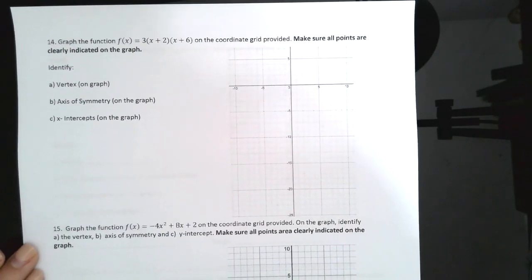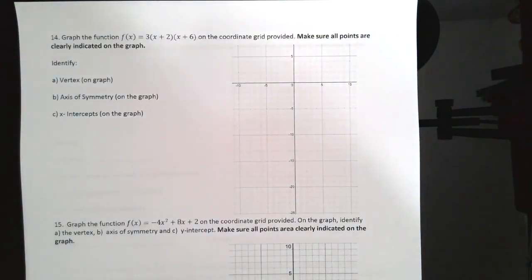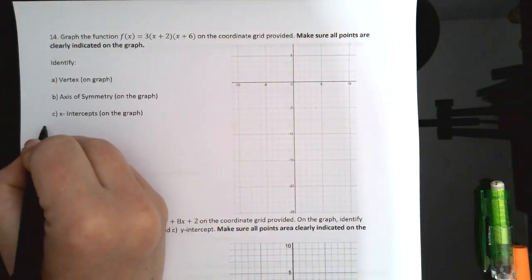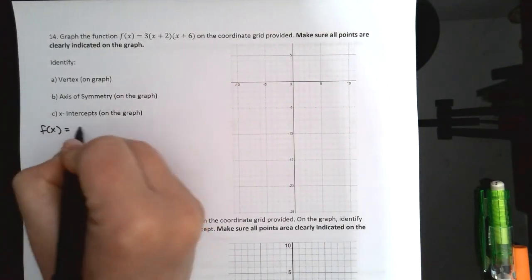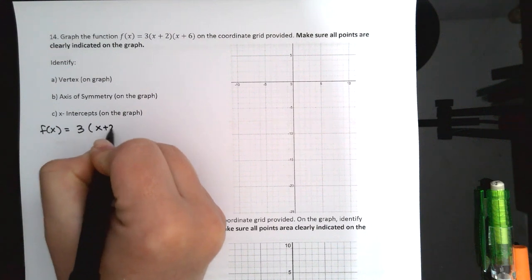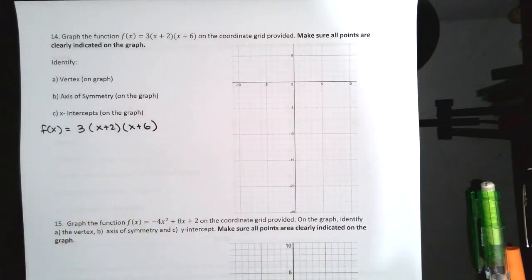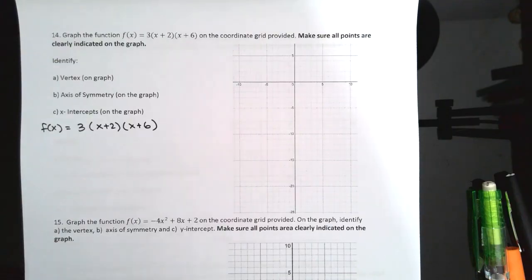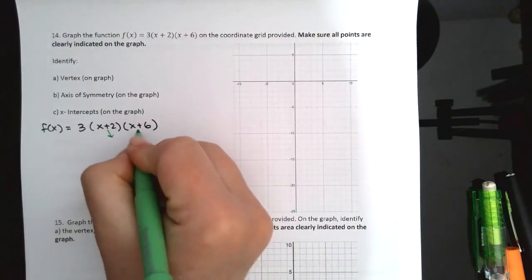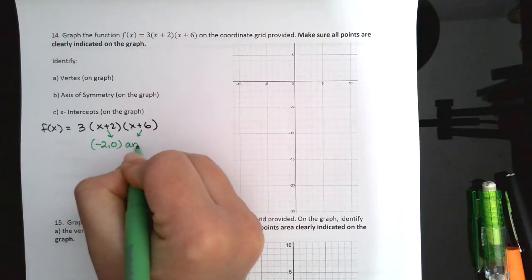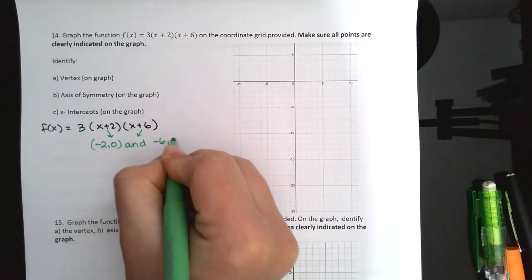Question number 14. Again, intercept form. Let's go ahead and do this exactly the same way as we did before. Starting out with our intercepts, again, opposite of what we see. So we get a negative 2 comma 0 as an intercept and a negative 6 comma 0 as an intercept.